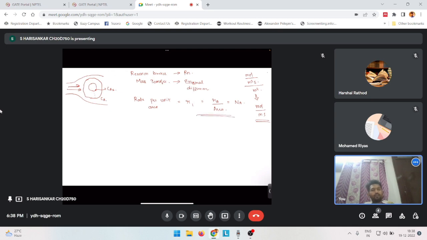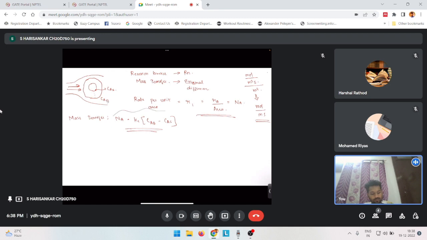Okay. And by Fick's law, or mass transfer basically, we must have learnt about this, flux NA is equal to Kc into CAB minus CAS. So CAB is this.